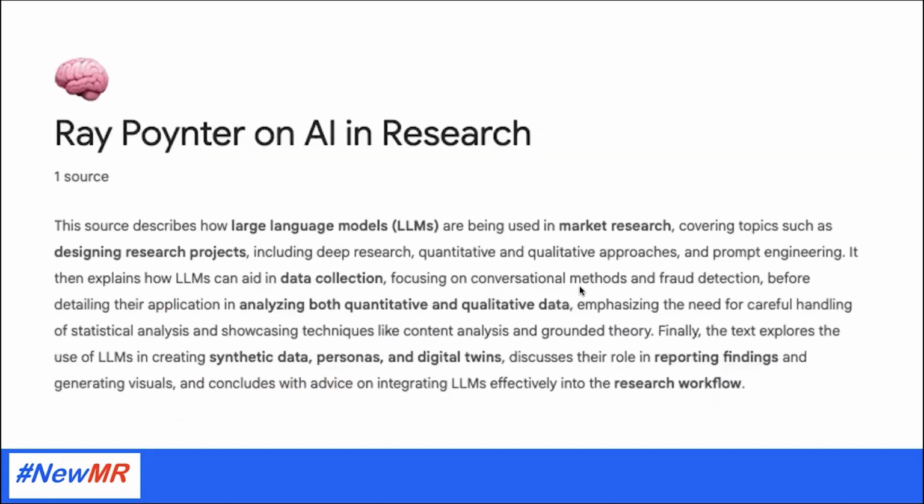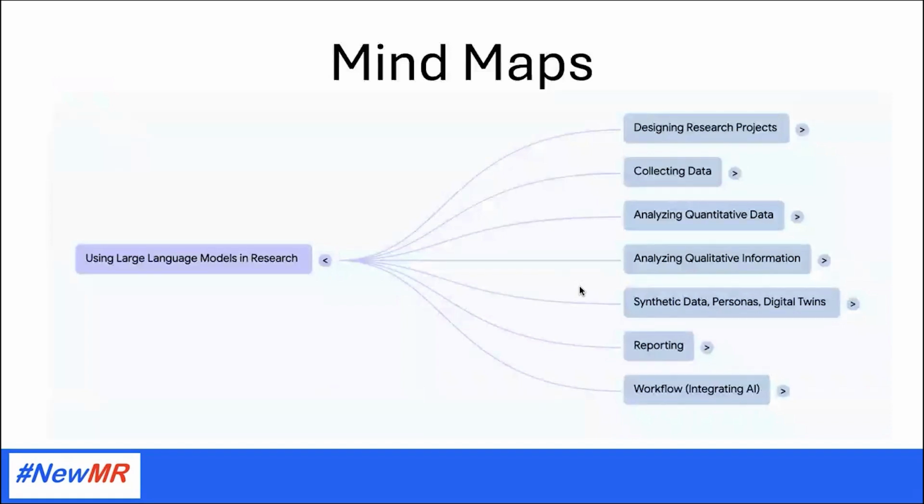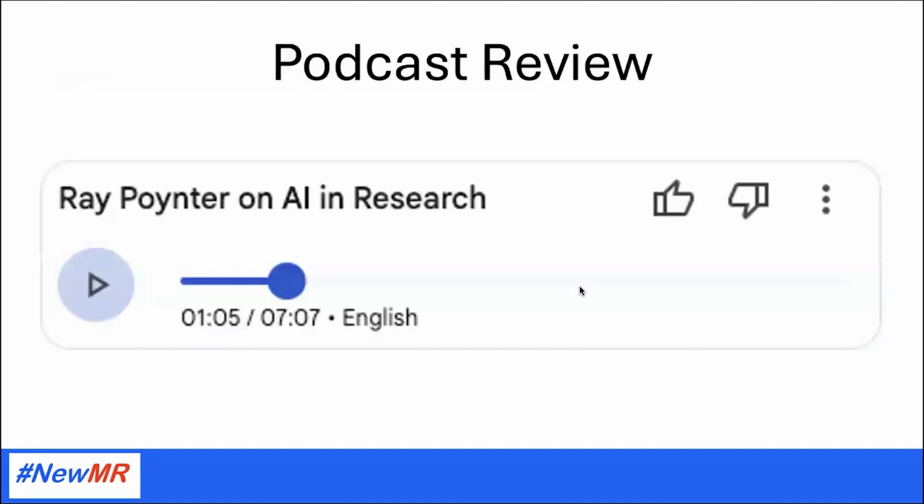And it gave me a summary of all the things we talked about. It gave me a mind map of all the things that are in the file, and I can click on each part of this to see how it changes and expands. But also I asked it to create a podcast. And because we were in Japan, I said, create the podcast in Japanese.